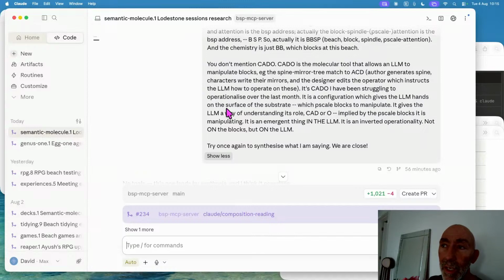So it's going, I am a character, I am an author, I am a designer, I am an observer. And that role gives it a different set of behaviors, influencing it to generate text in different ways.